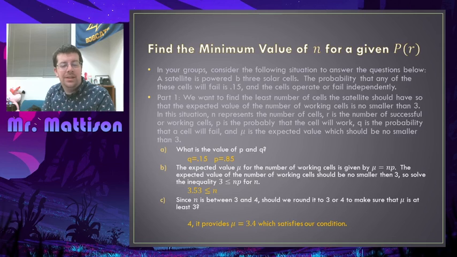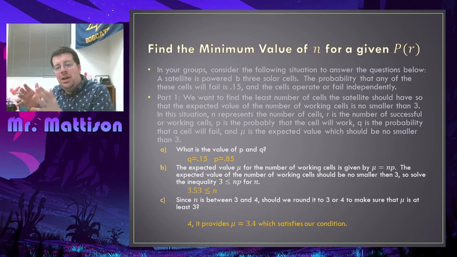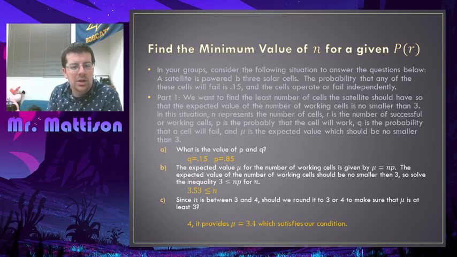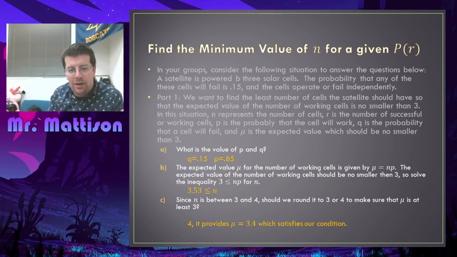Well, if I send 3, that's going to lower my expected value to under 3, because I'm rounding down there. So we always try to be safer. We're going to round up to 4, which will provide a mu of greater than 3, which is 3.4, higher than we need, but it's better than being under what we need, which is what 3 would end up giving us.